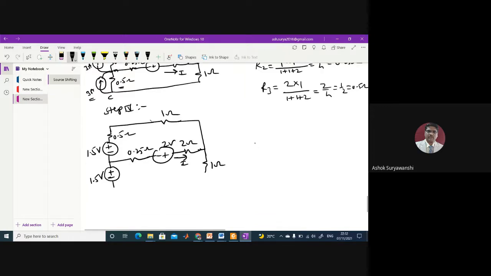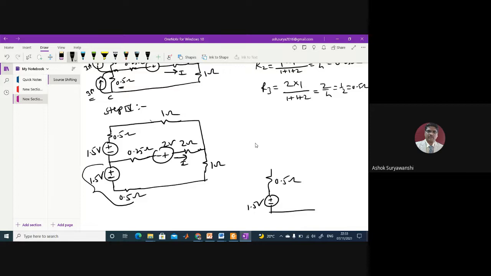So you can show it like this, or the same branch you can show like this also, 0.5 and then plus minus. Or you can show it like this also, this branch, branch meaning two elements, 0.5 ohm and then plus minus 1.5 volt.